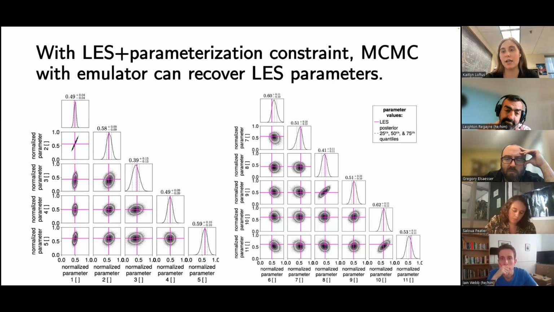But from the LES perspective, we can design outputs from the model to use as constraints. And so depending what kind of metrics we pull out as constraints, we can get tighter or broader sets of good parameters.